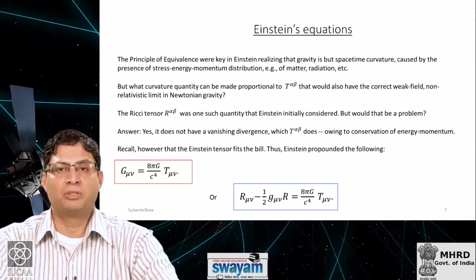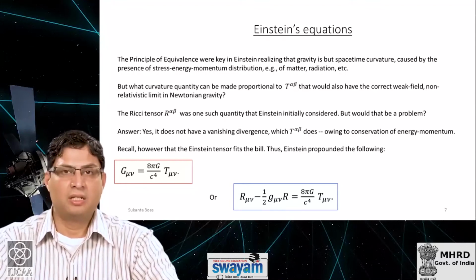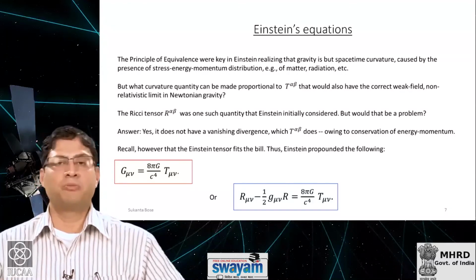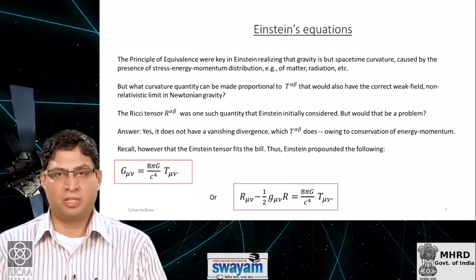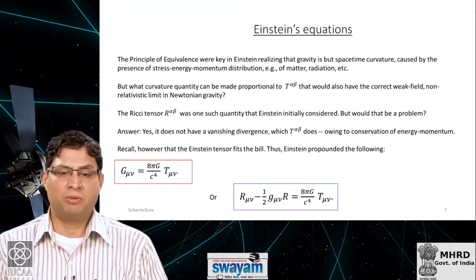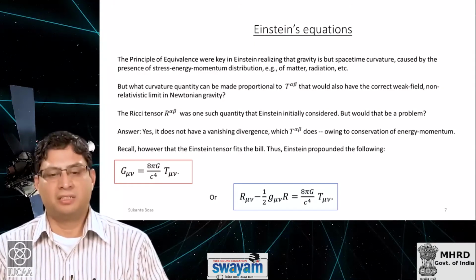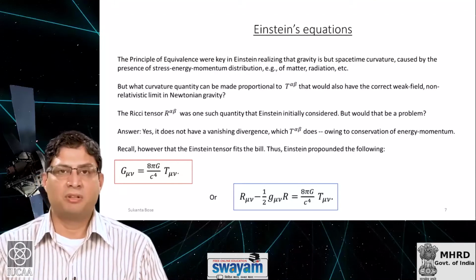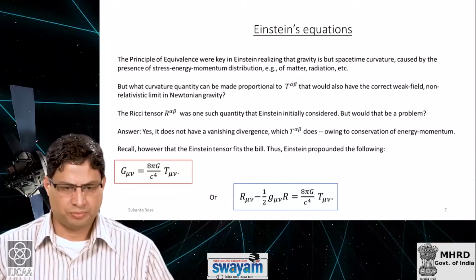We are all going to fall the same way, because we are just trying to move along the straightest paths possible in this curved manifold, right. So, that is another manifestation of the principle of equivalence.